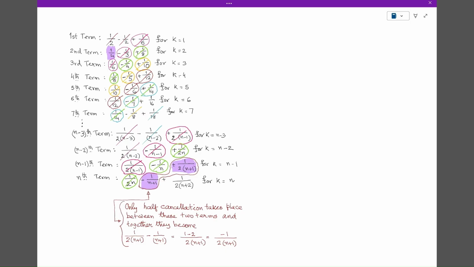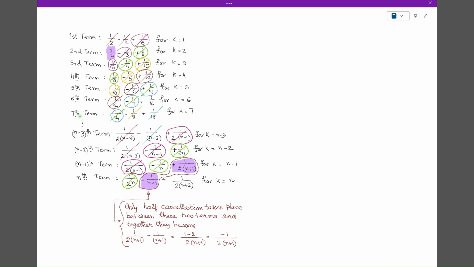So this goes on. We note here that one term here is left out, which is not cancelling with anything, because we are starting the series at k is equal to 1, not before that.